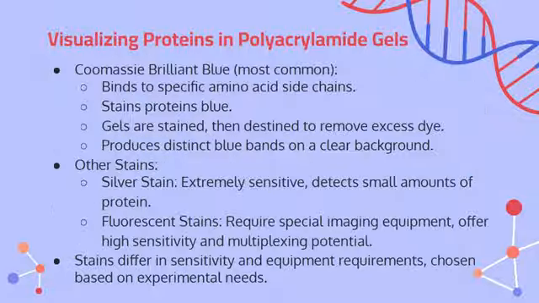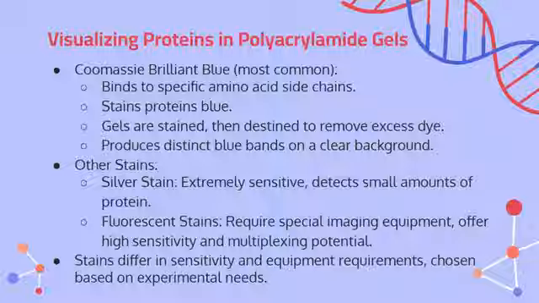So the most common one is going to be the Coomassie Brilliant Blue, and it binds to the amino acid chains, and it stains those proteins blue. The gels are stained, and then the excess dye is removed, so the only thing that remains stained are the blue bands on a clear background.